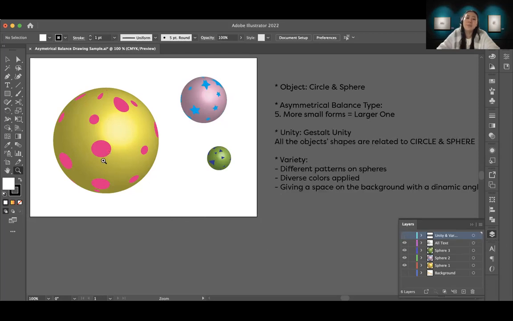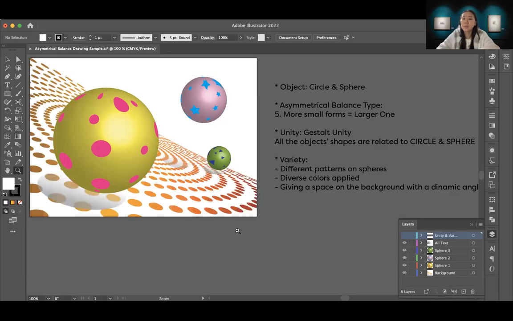And then I used the Gestalt unity, repeating the same shape in my drawing, the circle and sphere, to make my drawing dramatic and dynamic. So I added the background with the circle space like this.